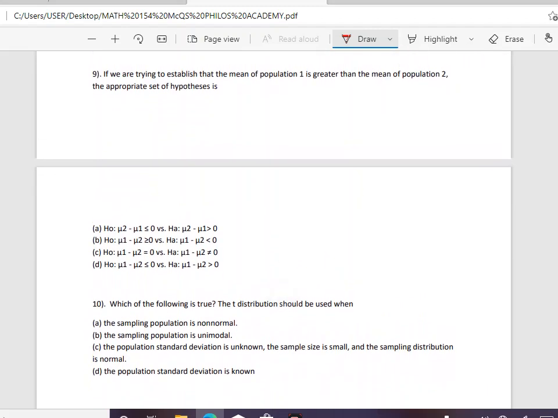Question 9 says, if you are trying to establish that the mean of population 1 is greater than the mean of population 2, the appropriate set of hypotheses is. Now, when you see the word greater than, you see we have HO, HA, or H1, right?